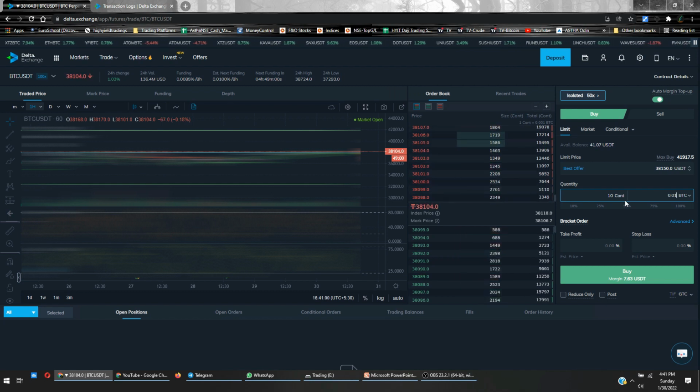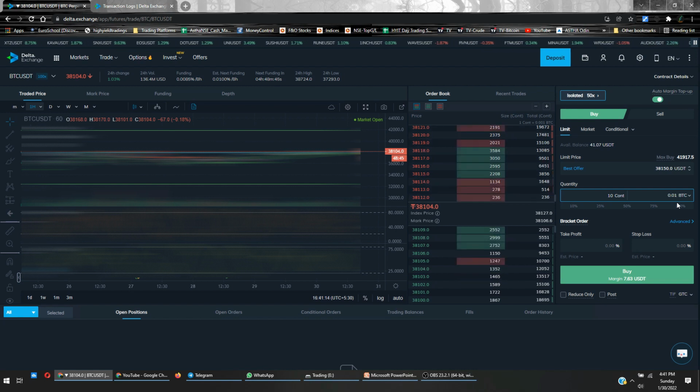If you trade with 0.01 BTC, every 100 points move will give you a $1 profit or loss. If you trade with 0.1 BTC, every 100 points move will give you a profit or loss of $10. And if you trade with 1 BTC, every 100 points move will give you a profit or loss of $100. I hope that is clear.